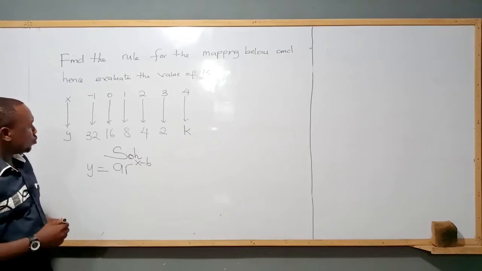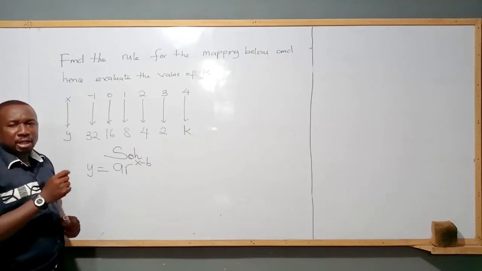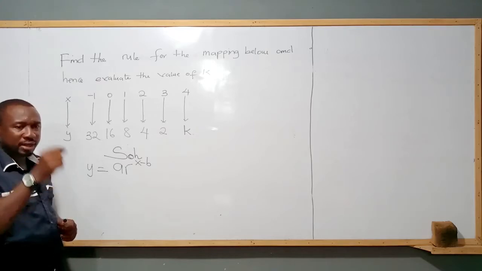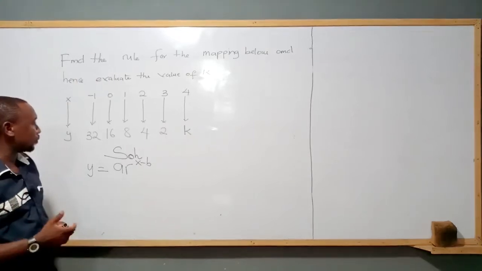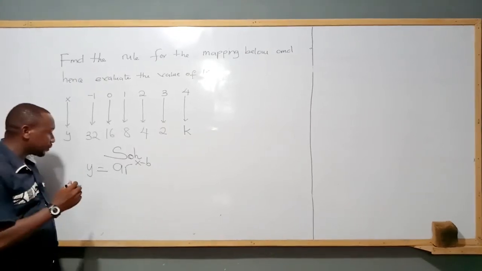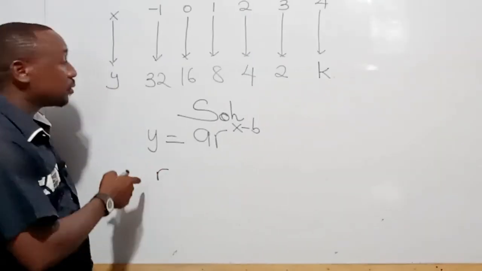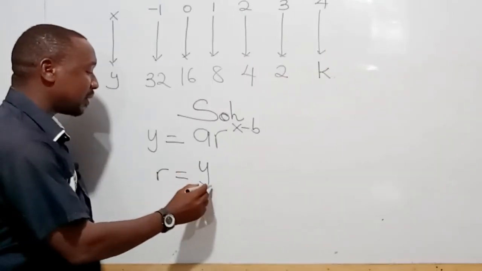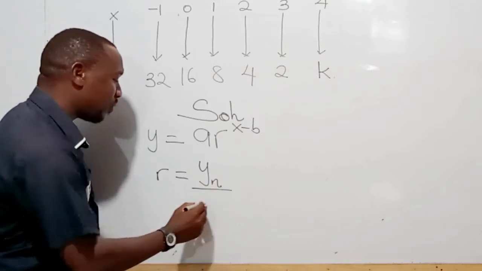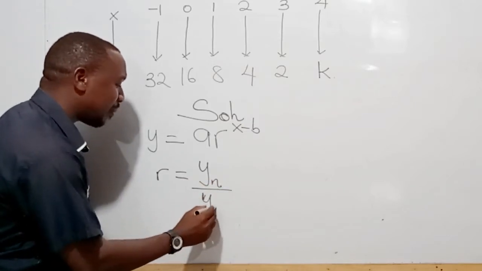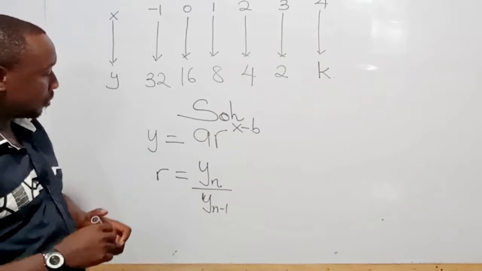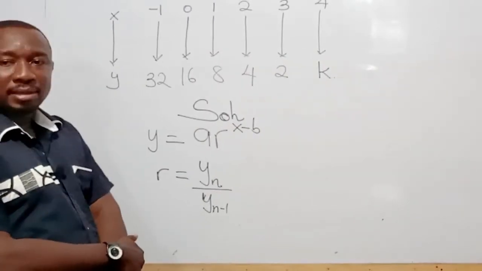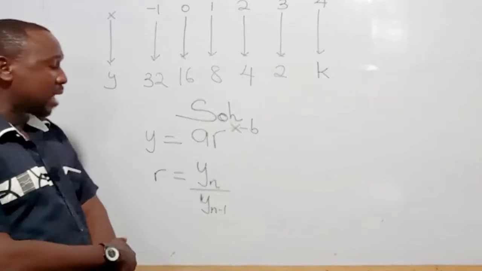Now, if you want to check whether it's exponential, like we stated before, the ratio of the consecutive terms must be equal. This is what we mean. R, which is the ratio, is equal to y sub n all over y sub n minus 1.